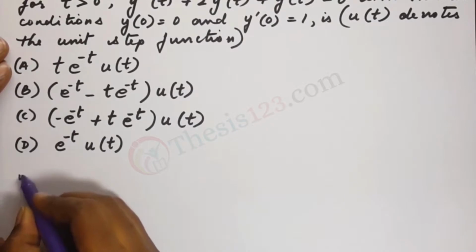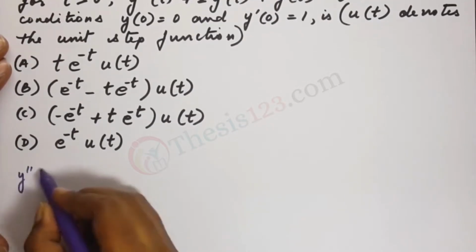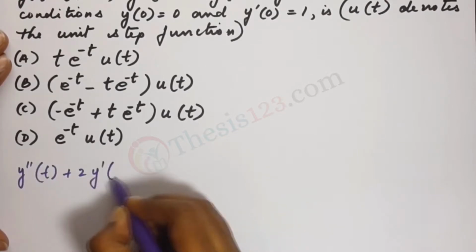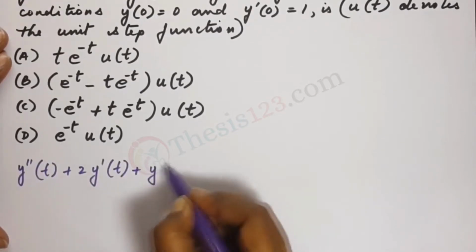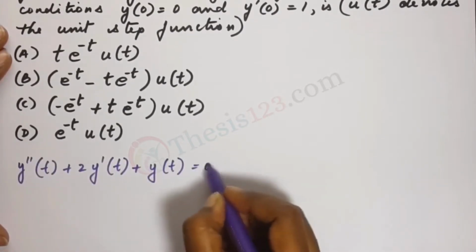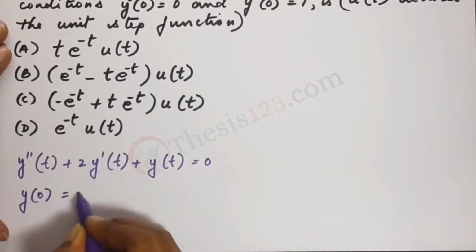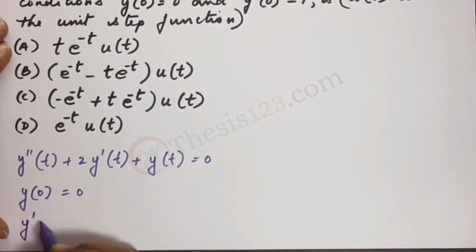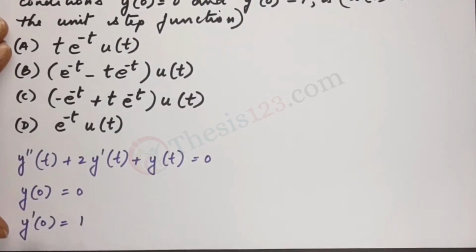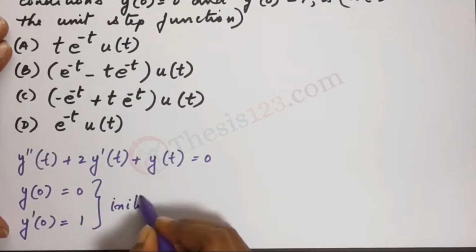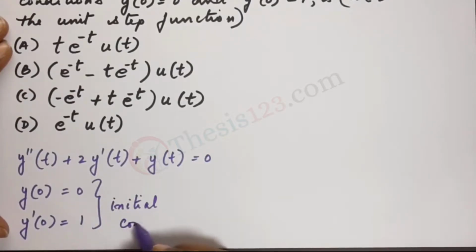So our differential equation is y double dash of t plus 2y dash of t plus y of t is equal to 0. The initial conditions given to us are y of 0 is equal to 0 and y dash of 0 is equal to 1.